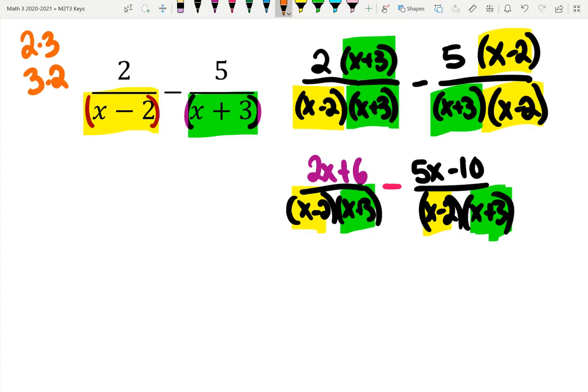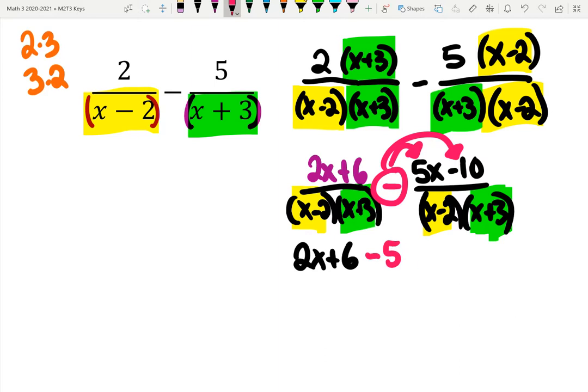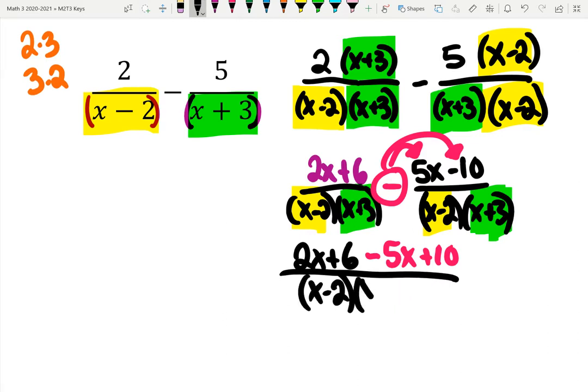Okay, when I combine these fractions, I just need to make sure if it's a subtraction sign that I distribute it to both terms because it is its own group. So it is going to become 2x plus 6, and then minus 5x plus 10, all over the same denominator, x minus 2 times x plus 3.